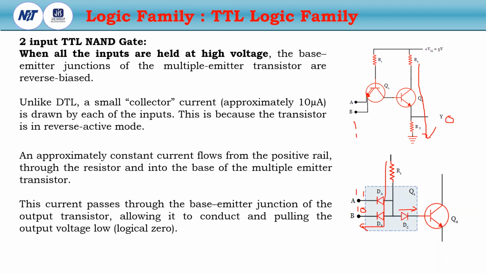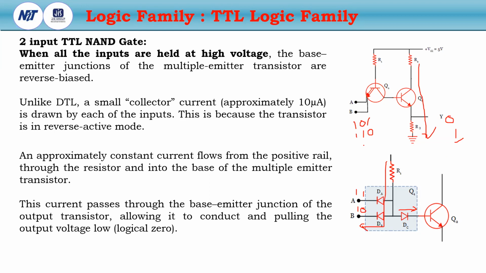So there will be no current flowing through the R2. So the output will be at logic 1, which is VCC. So if either input is 0 and 1, then it will be logic 1. If it is 1 and 0, then also it will be logic 1.